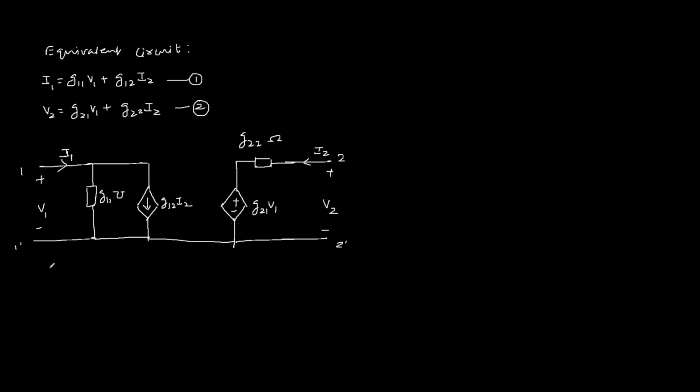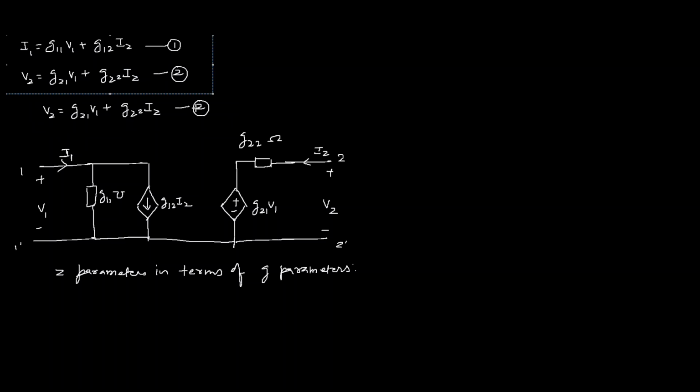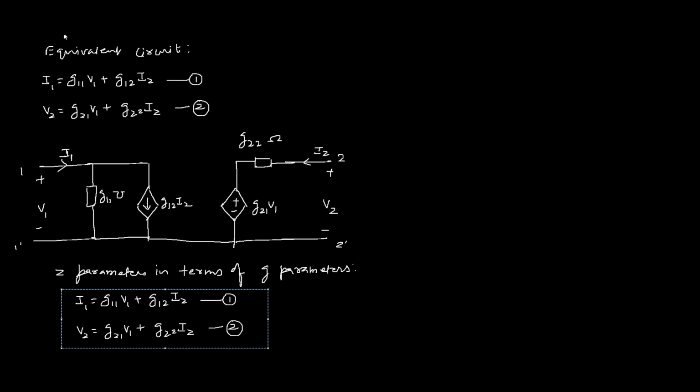Now we will make the conversion, in fact we will write Z parameters in terms of G parameters. So we have the two equations of G parameters, and the equations for Z parameters are V1 equals Z11 I1 plus Z12 I2.